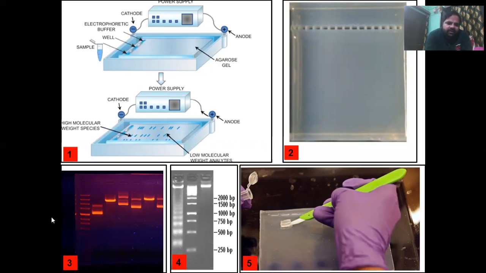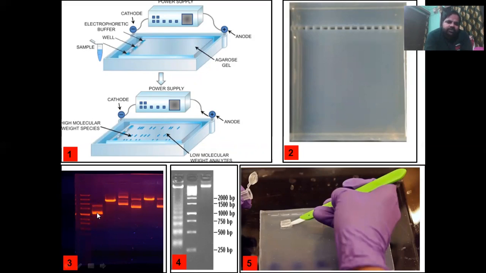We can see here in this third figure, this is the marker DNA. It means we know the size of each and every fragment, and these are unknown DNA sizes. So in the first well, second, third, fourth, fifth, and sixth, in six wells, we have loaded different digested DNA.